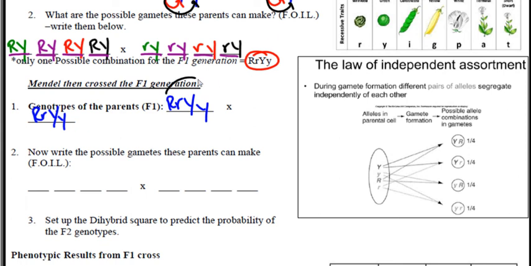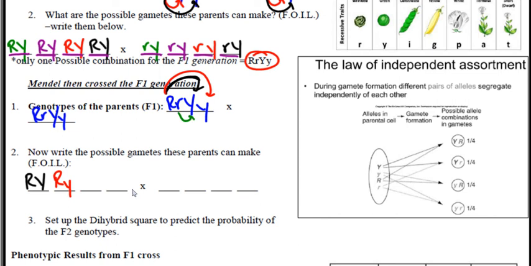So first allele with the first allele. So we have capital R, capital Y. First allele, second, capital R, lowercase y.